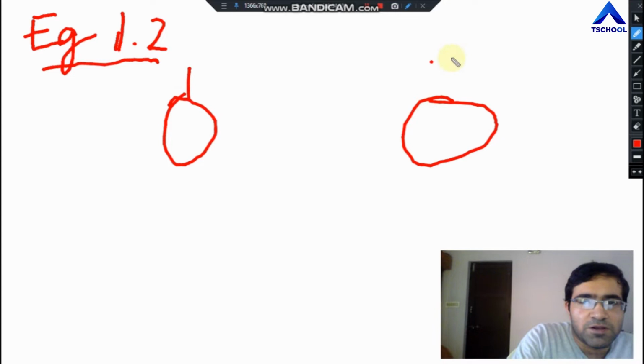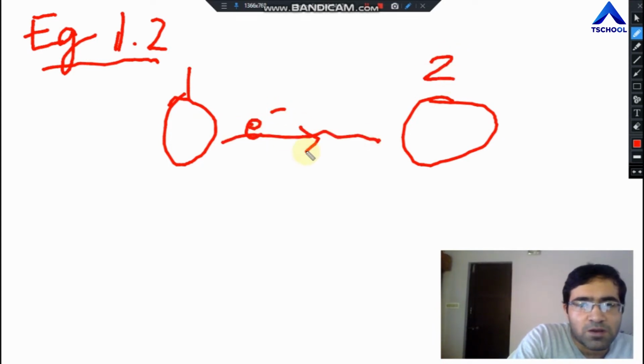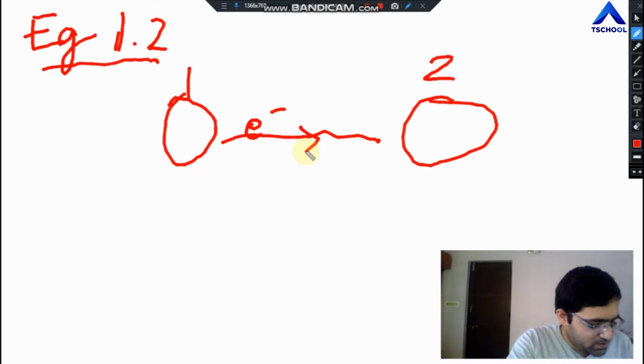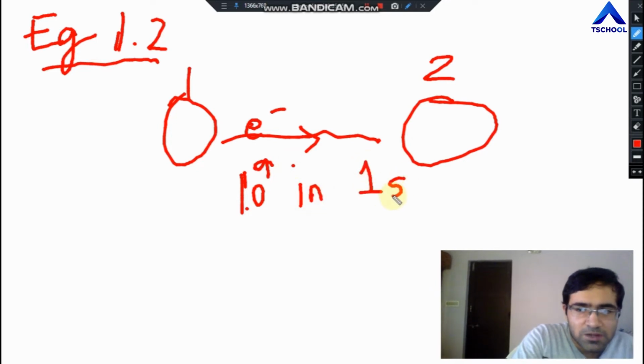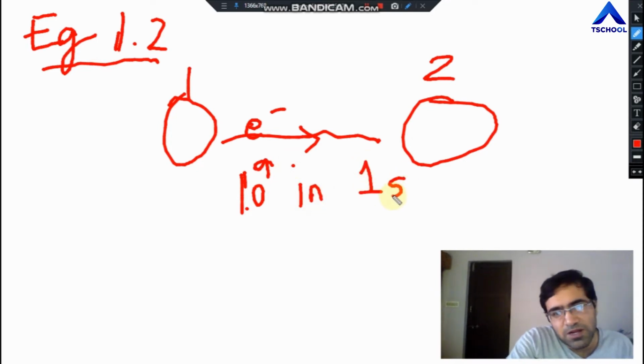From body 1 to body 2, electrons are moving at a rate of 10 raised to 9 in 1 second. So 10 raised to 9 electrons are leaving body 1 and entering body 2 in 1 second.